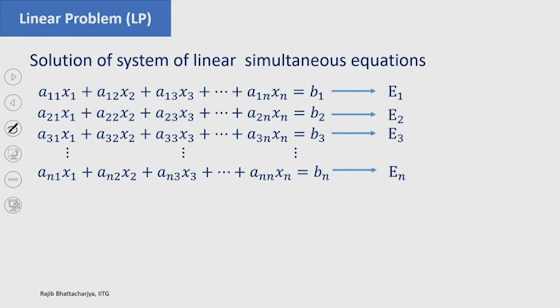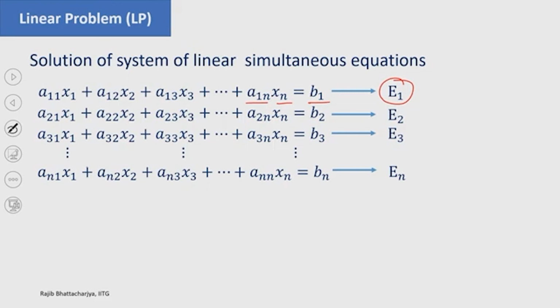Now, let us take a system of linear simultaneous equations. Okay. So, suppose I have this equation, that is a11 x1 plus a12 x2 plus a13 x3 plus ... plus a1n xn equal to b1, and I have named it E1.